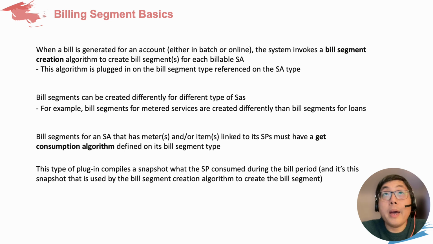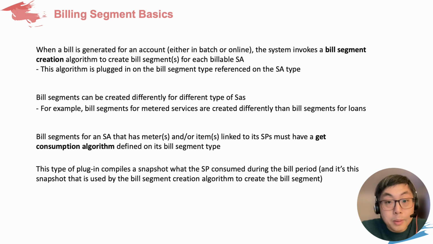So when an algorithm needs to be defined, it's not following the rules of the business object lifecycle, etc. However, they do have specific plugin spots, and you can find them on the SA customer class or bill segment type.